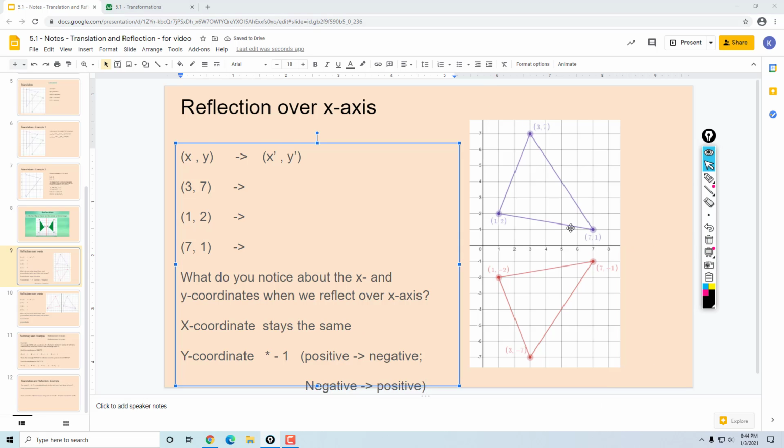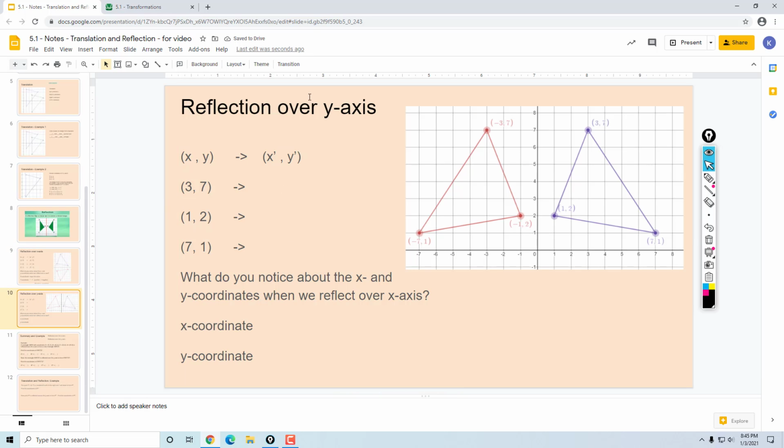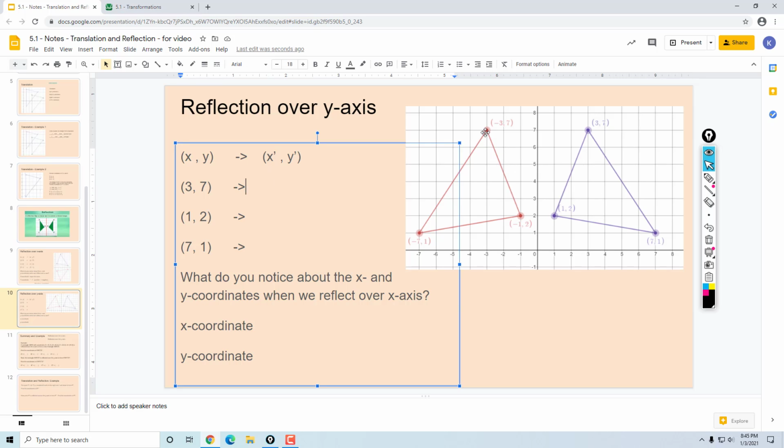And we can see that here. 3, 7 becomes 3, -7. 1, 2 becomes 1, -2. 7, 1 becomes 7, -1. Similarly, for reflection over the y-axis, here's the y-axis, 3, 7 this time becomes -3, 7.